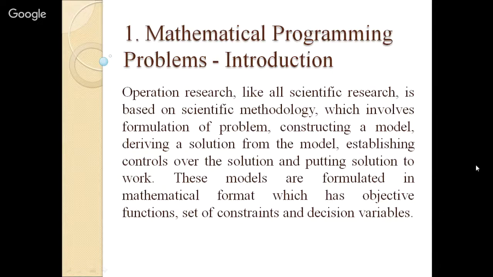So it is a part of mathematical programming problems, where we can formulate a multi-objective programming problem in mathematical format. Now we come to operation research. It is a part of operation research or optimization techniques, because optimization starts from operation research. Operation research is a broad area where optimization techniques and mathematical programming problems are delivered.